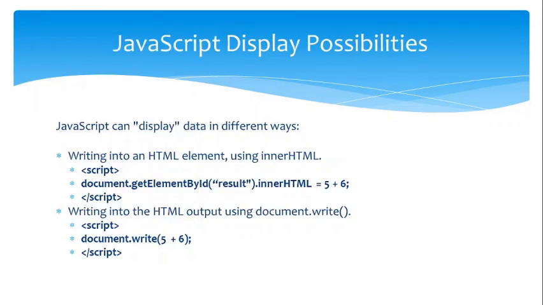These are the different ways we can display the result on the screen, like as you see here, writing into an HTML element using innerHTML. Okay, using innerHTML we can display the result. In the innerHTML we need to use document.getElementById.